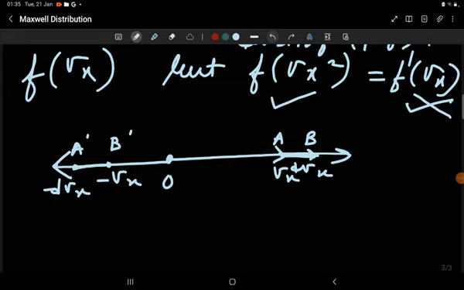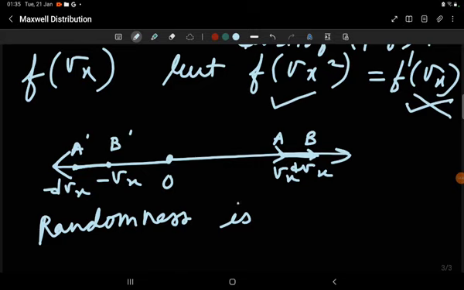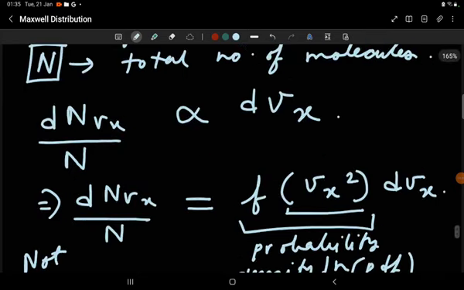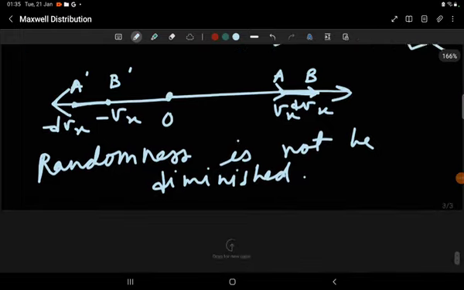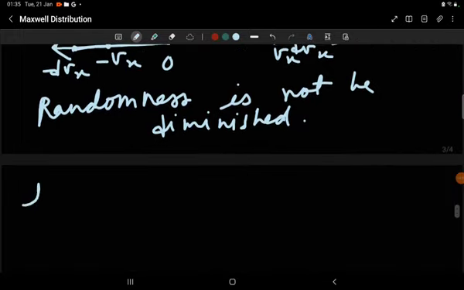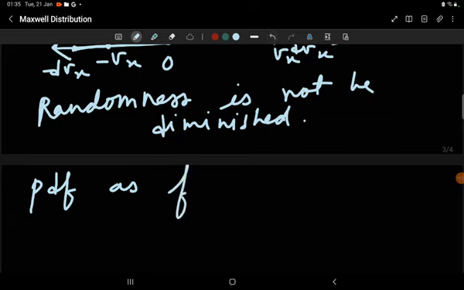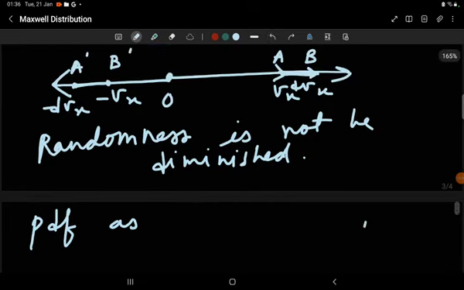The randomness would have diminished. Our assumption is that randomness is not to be diminished, and thus to maintain this symmetry, or rather the randomness of the situation, we have to take the probability density function as f Vx squared.